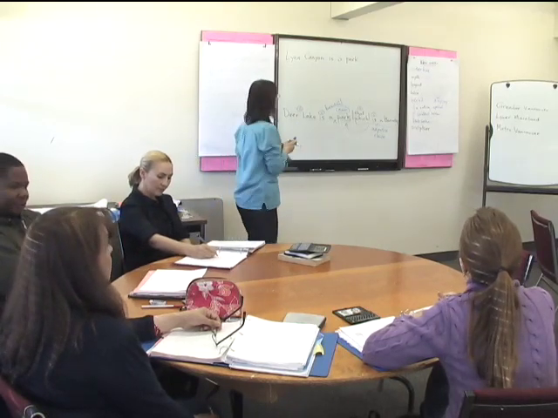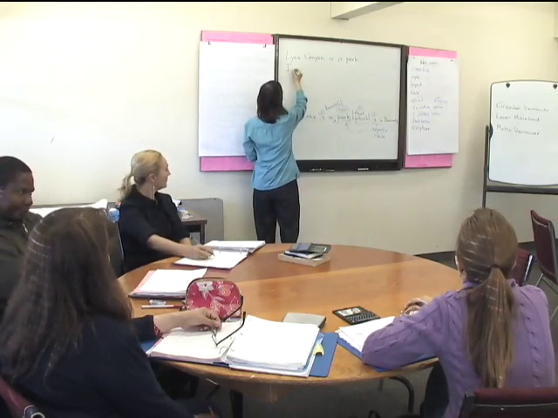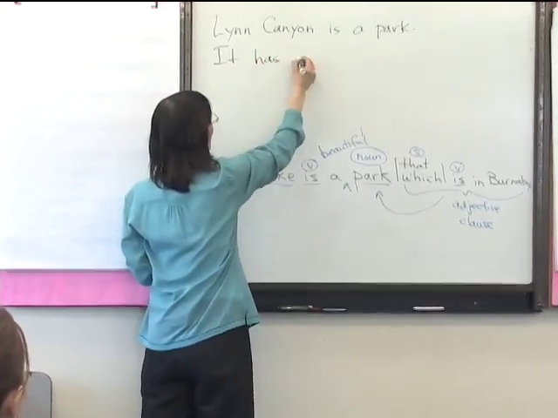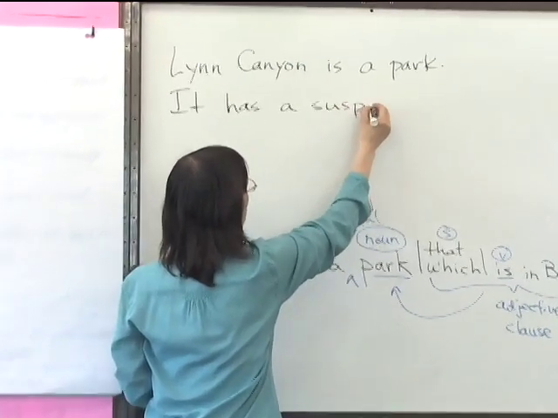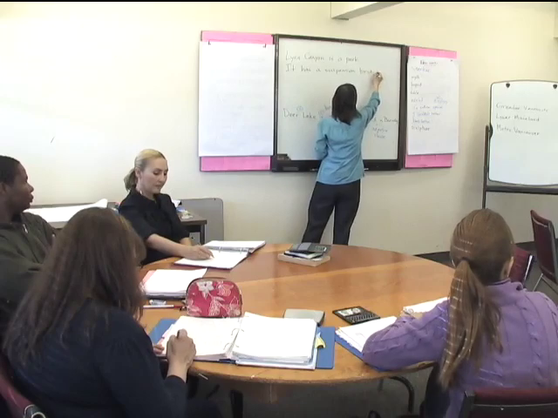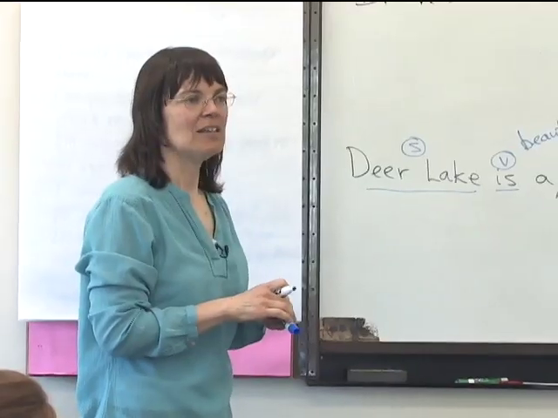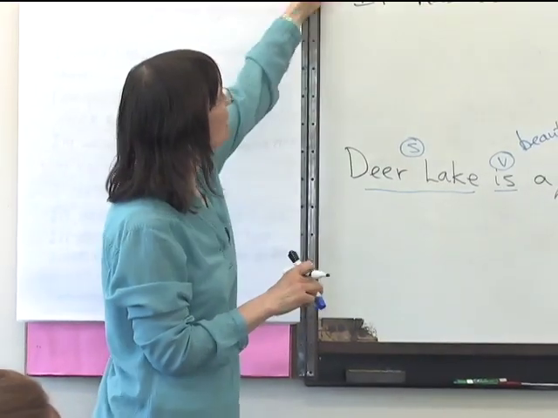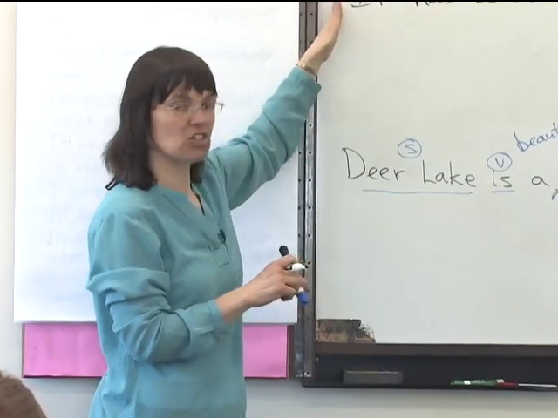The suspension bridge, right. So here we are again. It has a suspension bridge. So how would you connect these two ideas using an adjective clause?